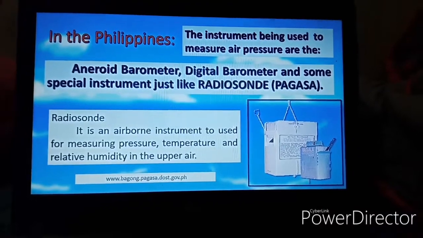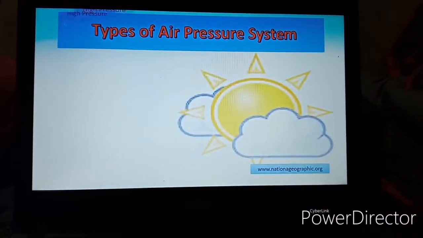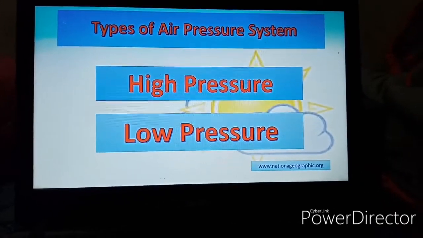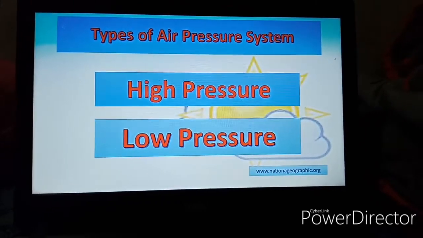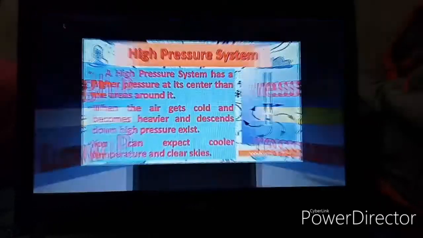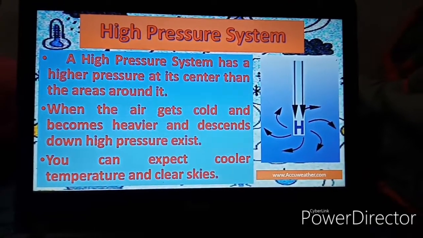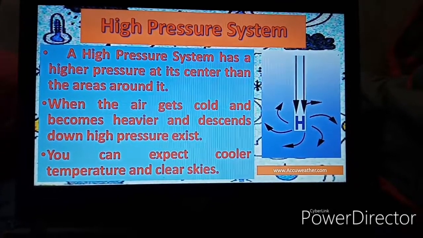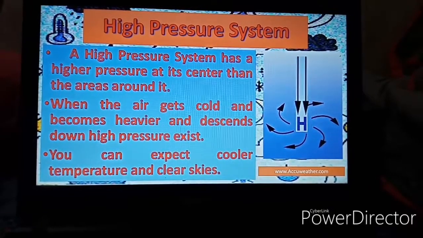So we have here different types of air pressure. We have the high pressure and the low pressure. I know that most of you are very familiar with low pressure. So let's define the two of them one by one. First, we have the high pressure. A high pressure system has a higher pressure at its center than the areas around it. When the air gets cold and becomes heavier, it descends, and high pressure exists.